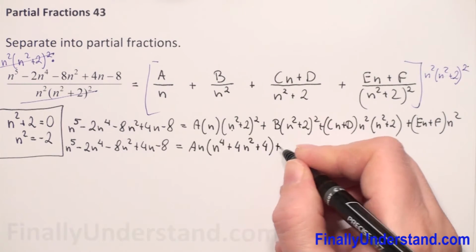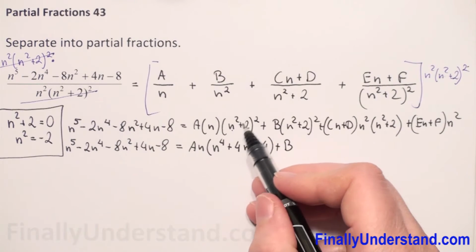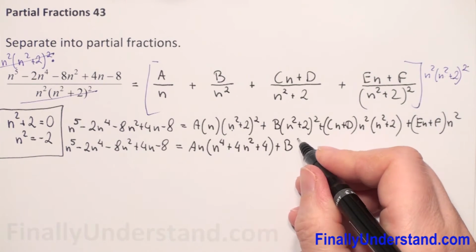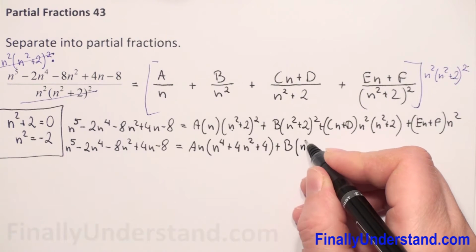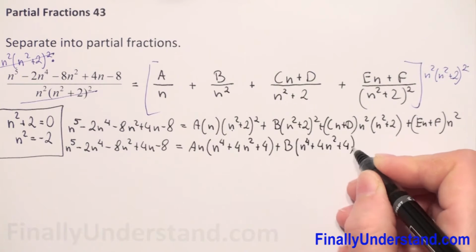Plus B, and in parentheses we have exactly the same expression as we got from this multiplication: n to the fourth power plus 4n squared plus 4.